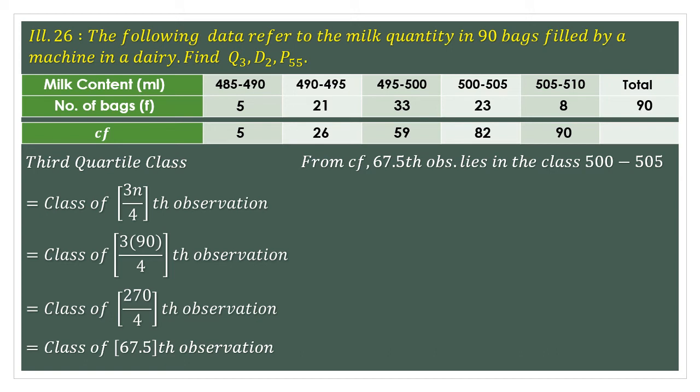Now we have to find certain values, for example lower limit, the frequency, the cumulative frequency of the previous class and the class length. So the lower limit of 500 to 505 is 500. The frequency is 23. The cumulative frequency before 82 is 59, and the class length of 500 to 505 is 5. Taking these values into consideration, we will start with our calculation of third quartile.